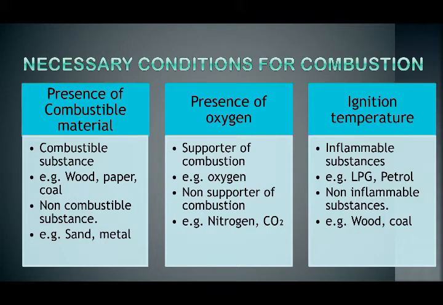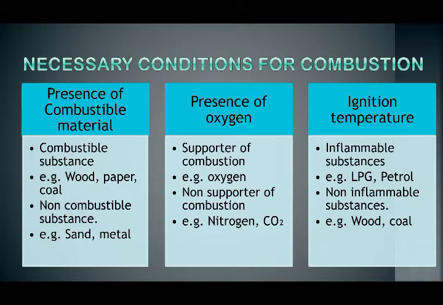There are many other substances around us which do not undergo the combustion process. They are all termed as non-combustible substances. Examples are sand, metal, stone, etc. The second condition for combustion is the presence of oxygen.